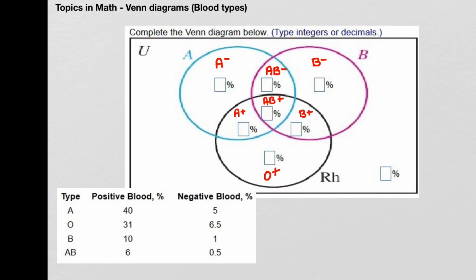And that leaves us one more section, which is outside all 3 circles. So that's a nothing for AB and a nothing for the RH factor, so O negative.